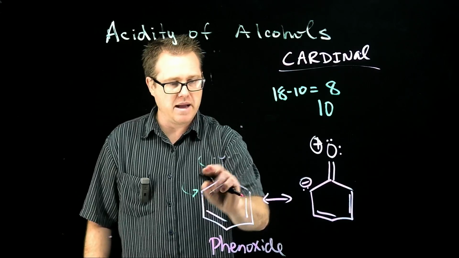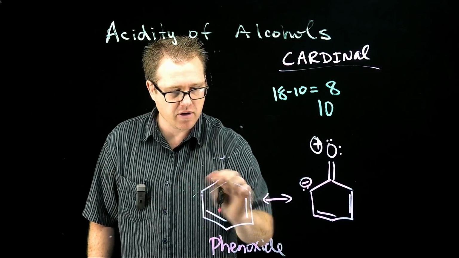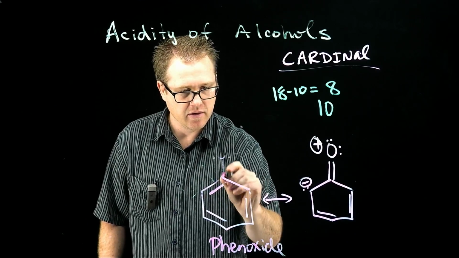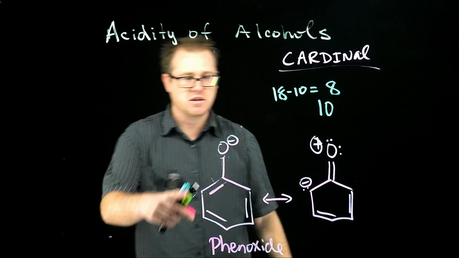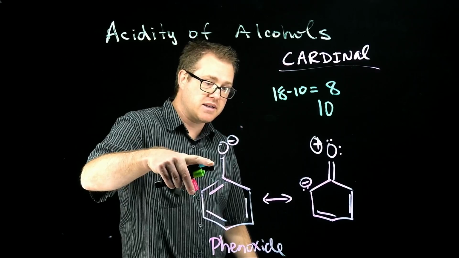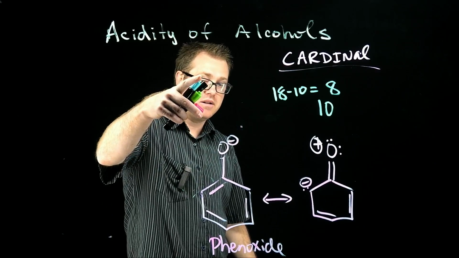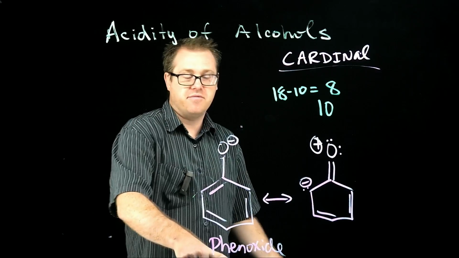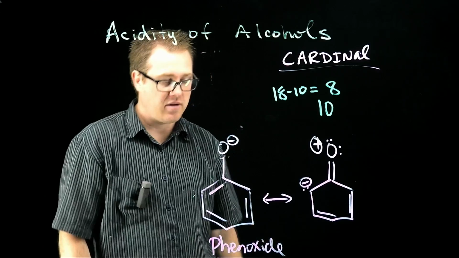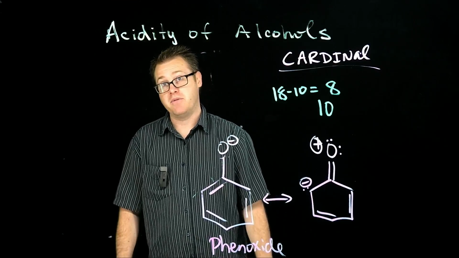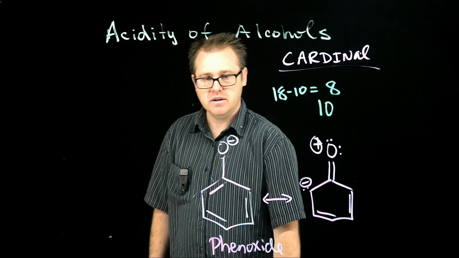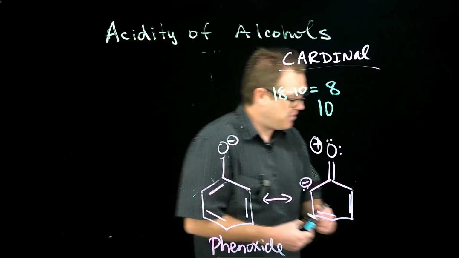Okay, so let's get back to what that structure looked like so we're all on the same page here. That is the alkoxide from phenol, and it has the name phenoxide. But I'm not too picky about that.